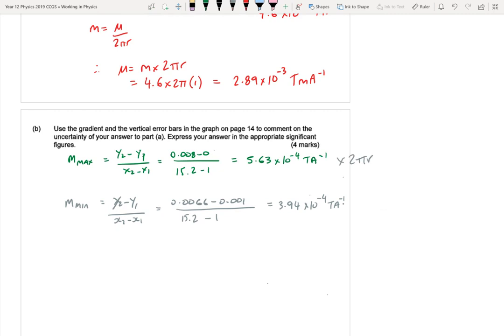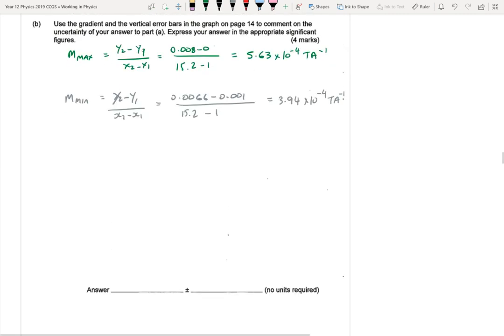It makes no difference. What did the marking key do? They found the range of the gradient and then divided by 2 pi r. So I'm going to do that. So my range, my uncertainty is going to be 5.63, take 3.94, over 2.